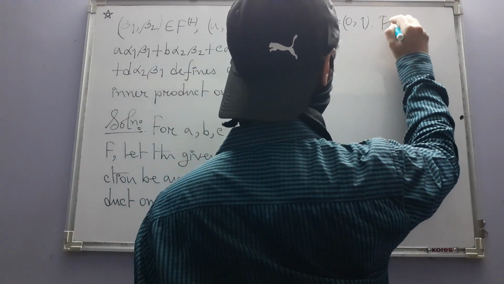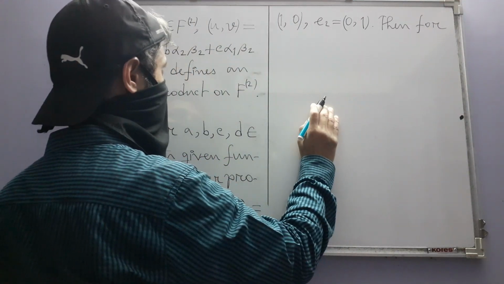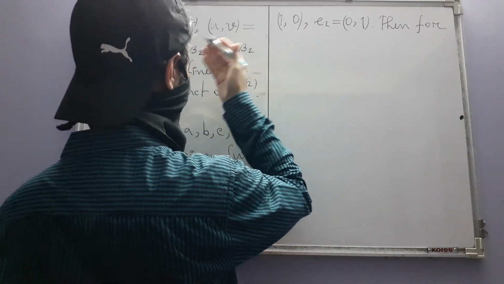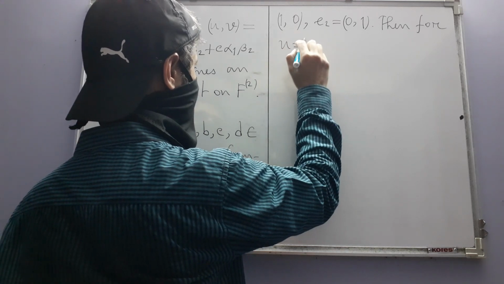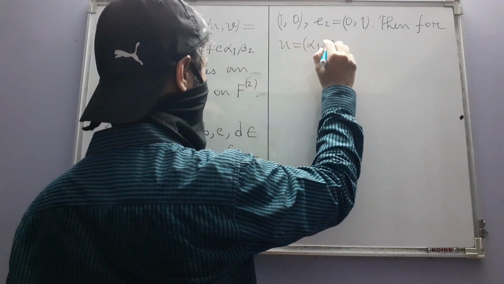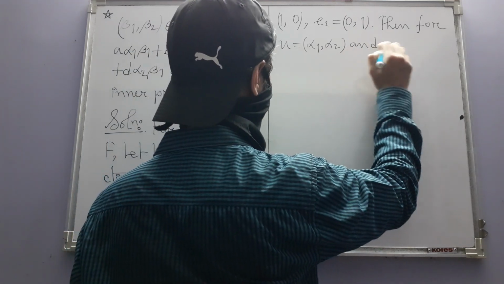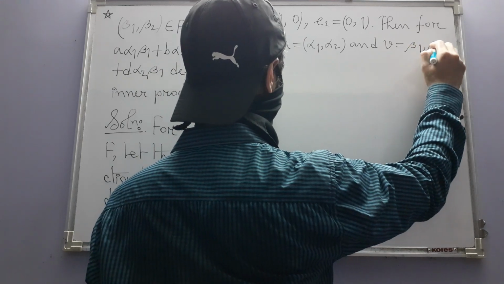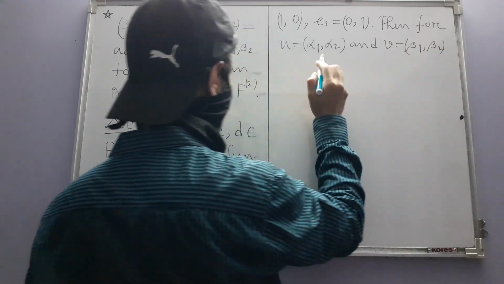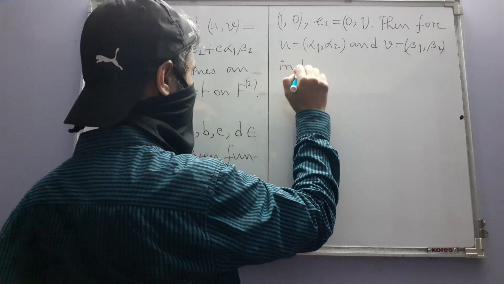Then for our u and v, let's just once again write u equal to (alpha 1, alpha 2) and v equal to (beta 1, beta 2), coming from F2.